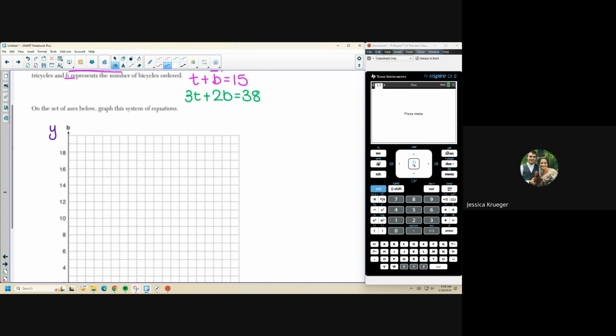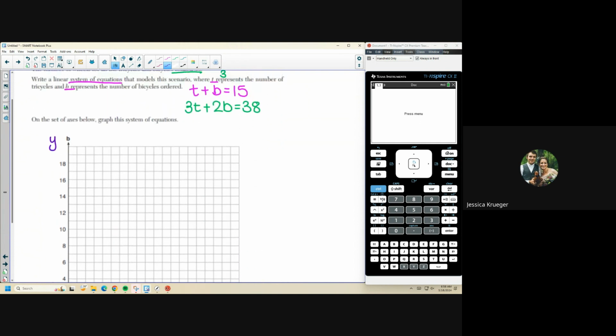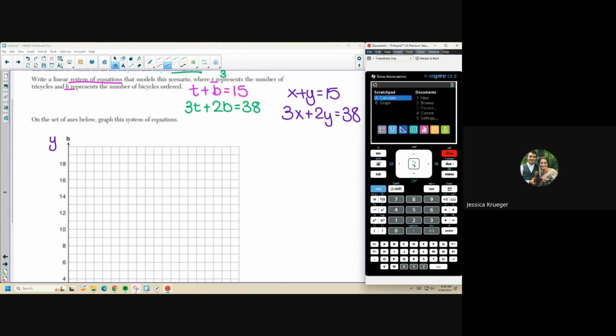So I'm going to substitute, instead of T plus B, I'm going to use the equation x plus y equals 15 in my calculator, and 3x plus 2y equals 38. Now, in neither of these is y alone, which is okay. I just need to remember that I'm going to use a relation to graph this.